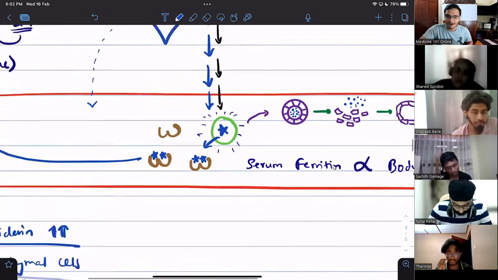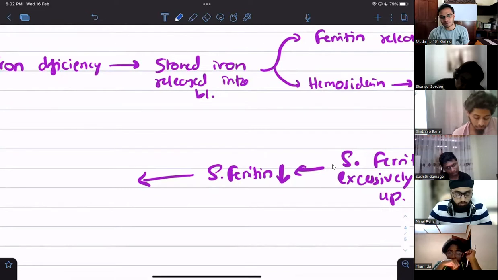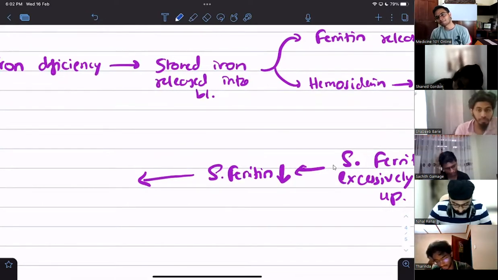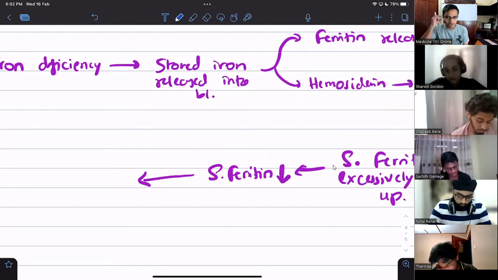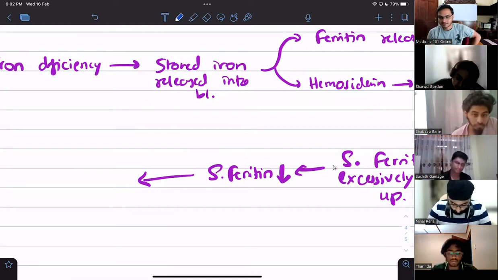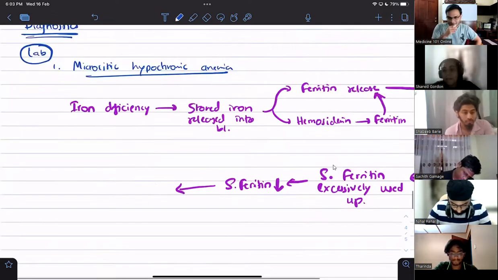So what is going to reduce now when serum ferritin is low? Guys, are you all answering? Am I not hearing? Okay, I will tell you.